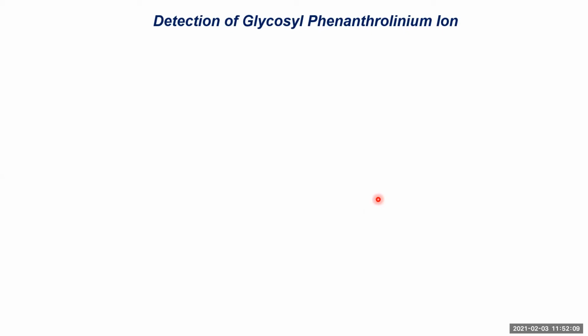But having worked on carbohydrates for so many years, everybody knows that the 3 to 5 ppm region of the proton NMR is normally very crowded. However, for our system, we are using N-phen as catalyst, and N-phen has great symmetry, a plane of symmetry in the structure.